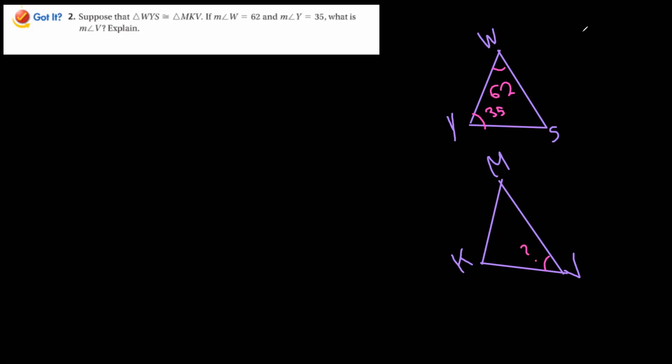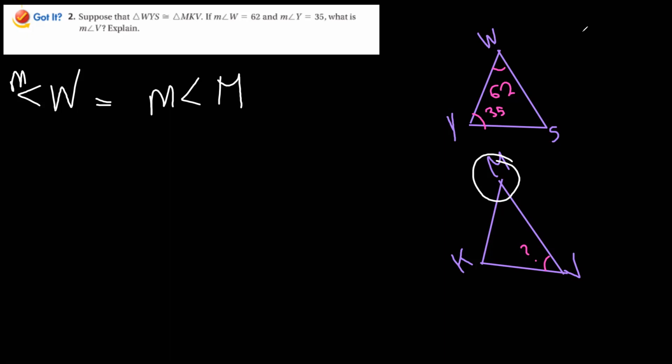Teacher, they are congruent. And if they give us what is angle S, the angle V will equal angle S. Since he told me that they are congruent, that means the measure of angle W is equal to the measure of angle M. That means if W is 62, M will also be 62.